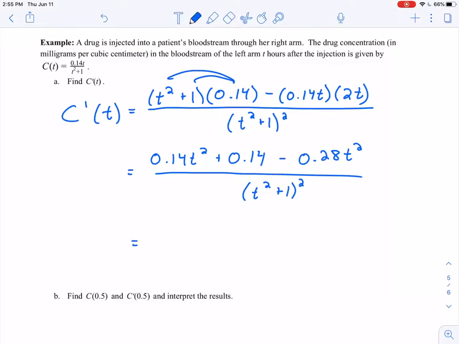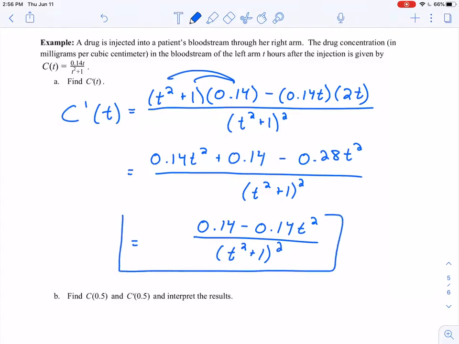Combining my like terms in my numerator, I'm going to have 0.14 minus 0.14 t squared divided by (t squared plus 1) quantity squared. And again, I could factor, I could do all sorts of stuff with this, but I think this is perfectly fine for your derivative.